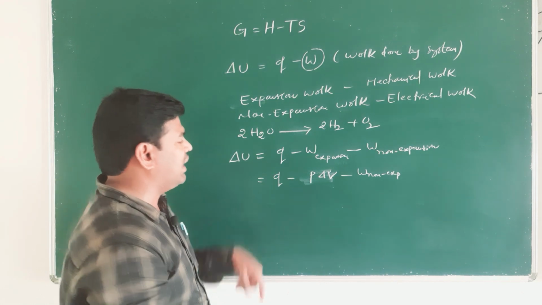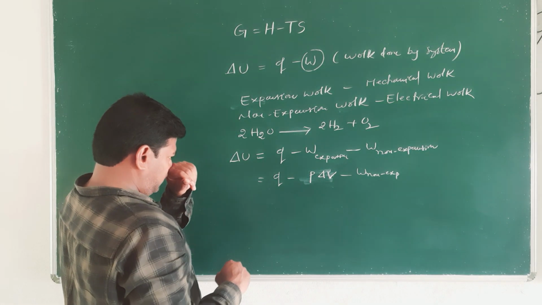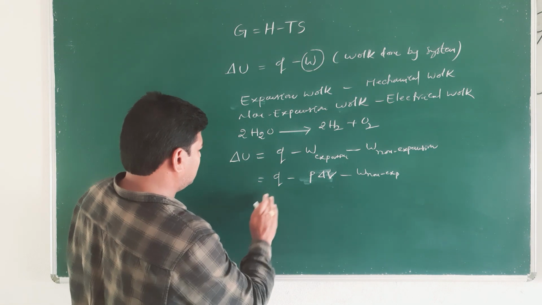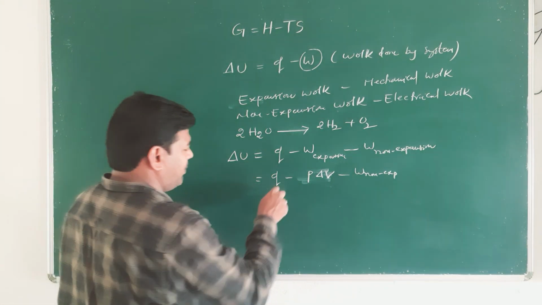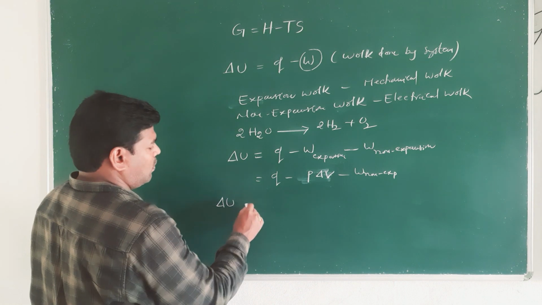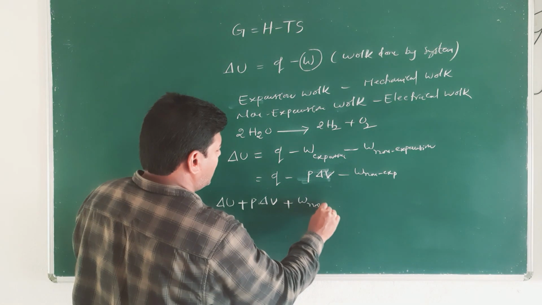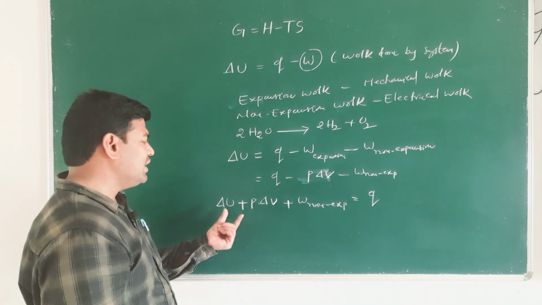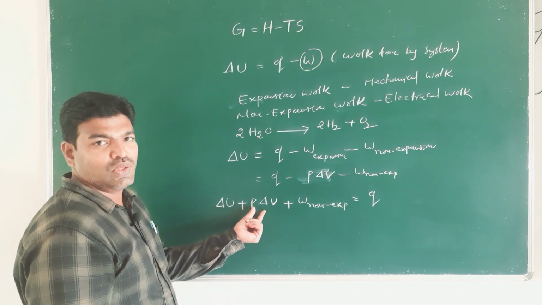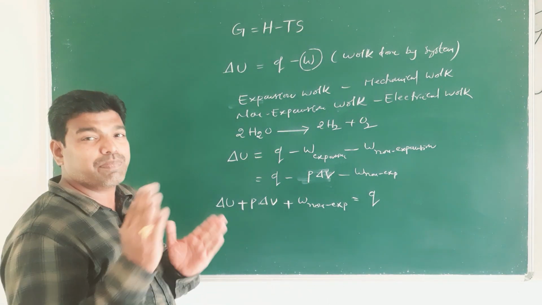From this we can rearrange the equation: delta U plus P delta V plus W non-expansion is equal to Q. And delta U plus P delta V we can write as delta H, because H is equal to U plus PV.